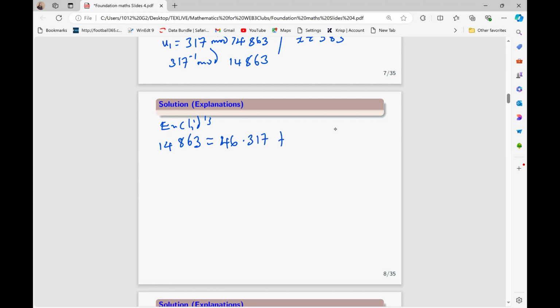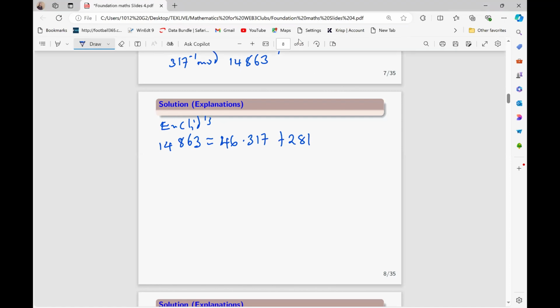What's the remainder? 281. Then 281 into 317: 281 goes there once, and the remainder is 36.